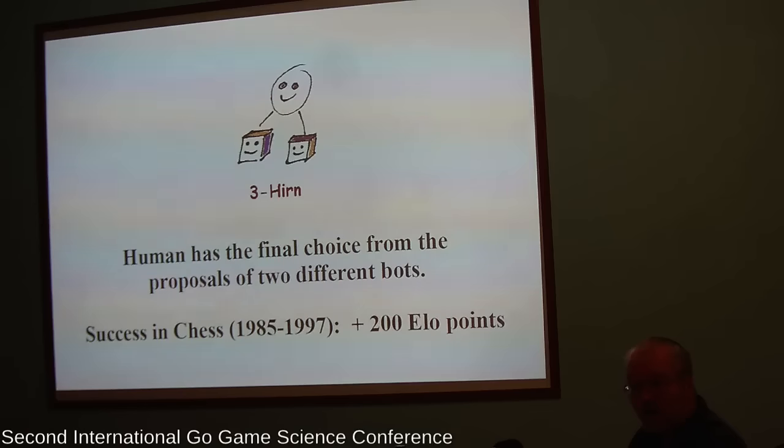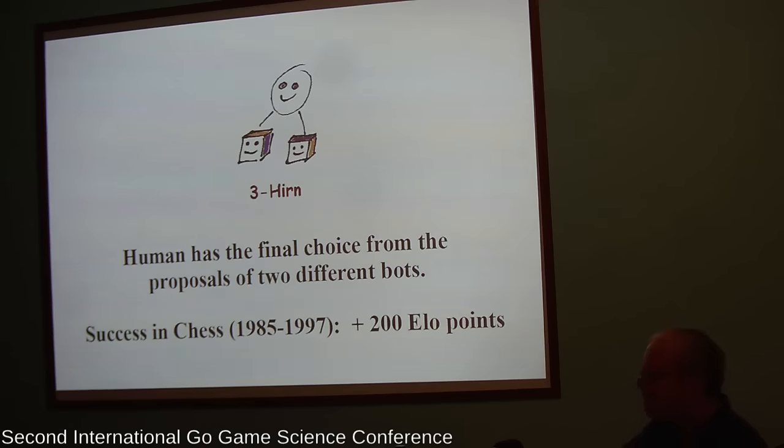The computers compute. Then each of them makes a candidate move. And then the human boss has the final choice. This move or that move. In particular, when both computers propose the same move, then the human has to accept this. So no veto.